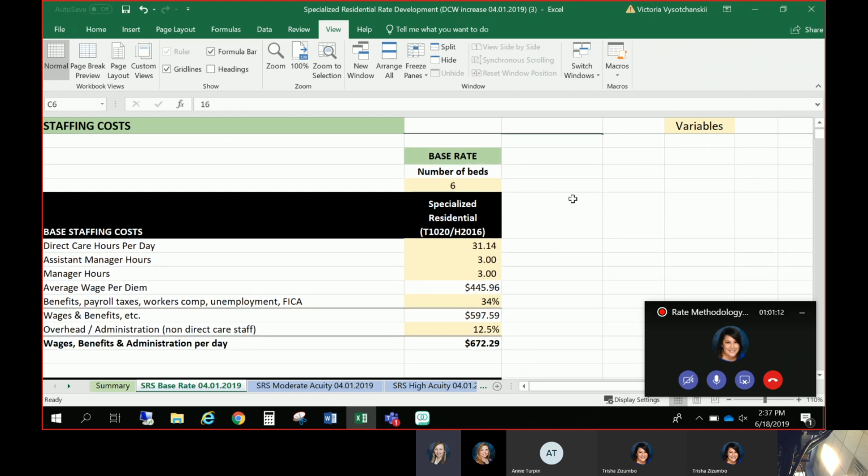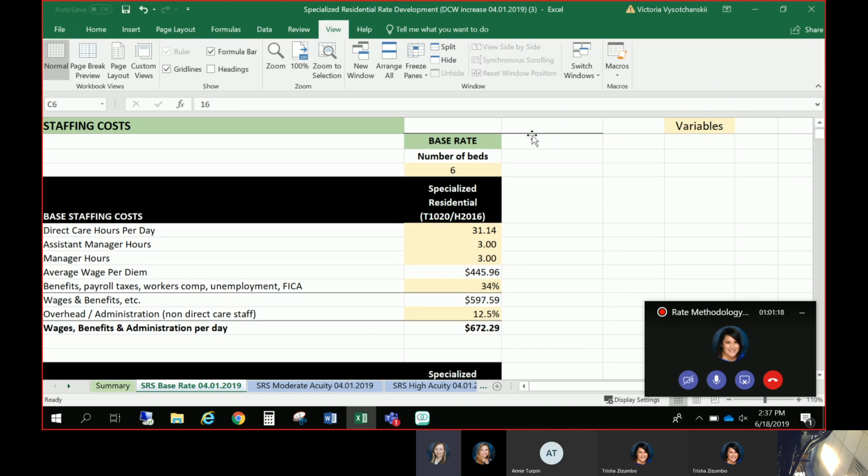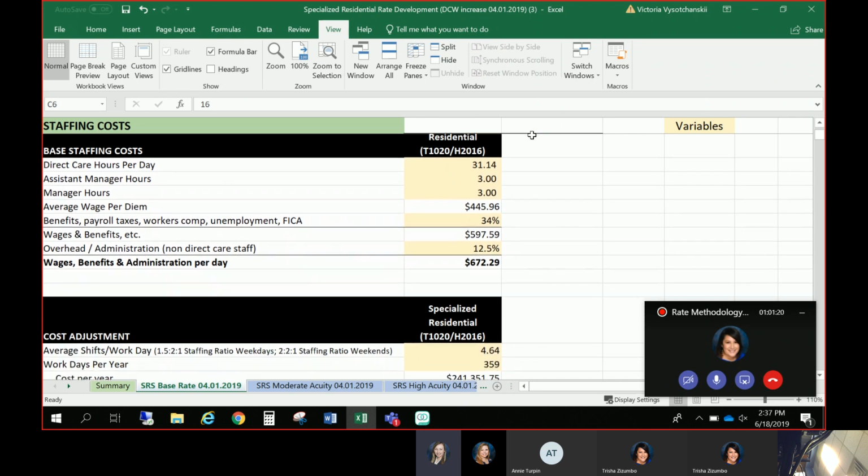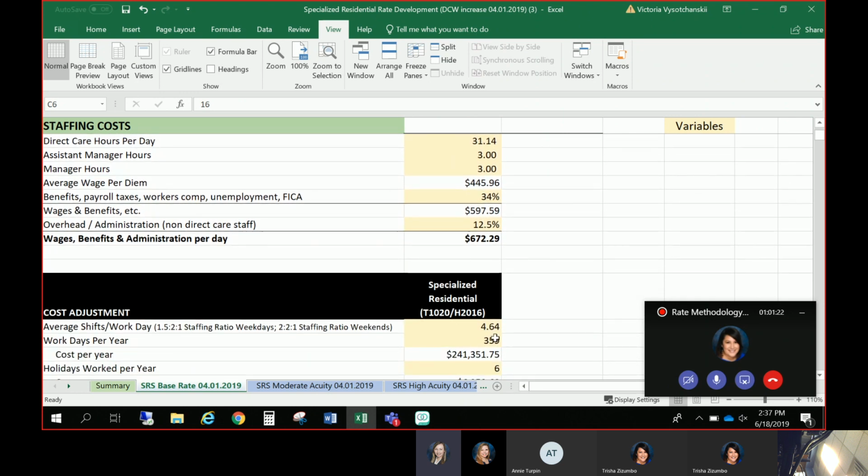So as I had mentioned before, this logic was built around a 6-bed licensed home. If you don't mind, I'm just going to scroll down to this 4.64 here, and then that number will flow up to the top and it'll be far easier to work our way down. So this 4.64 represents the average shifts per workday in a 6-bed licensed home.